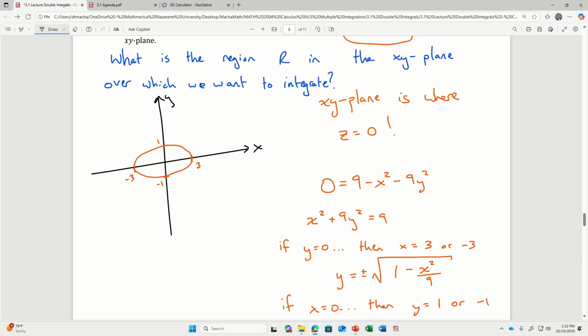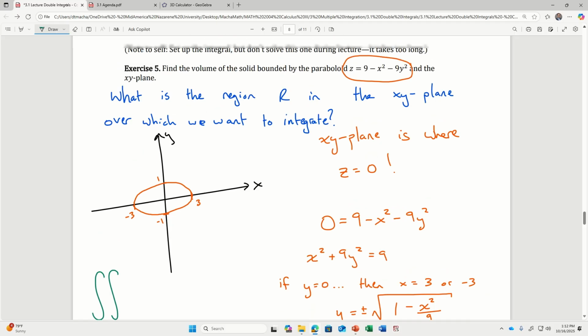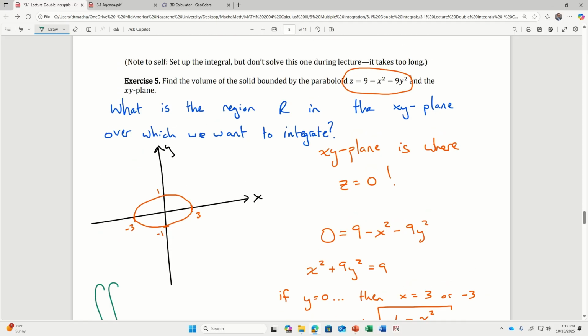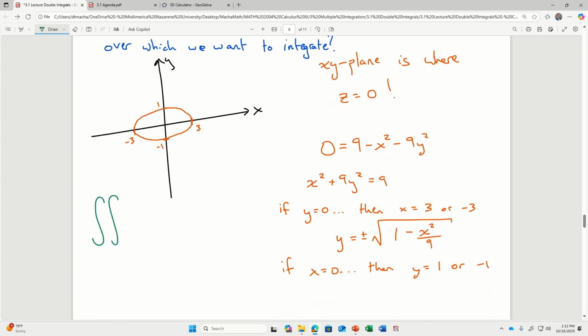So here, now I'm ready to finally finish answering this problem. I want a double integral of 9 minus x squared minus 9y squared. Now I've got to choose some order of integration. It doesn't really matter, like dx dy, dy dx.